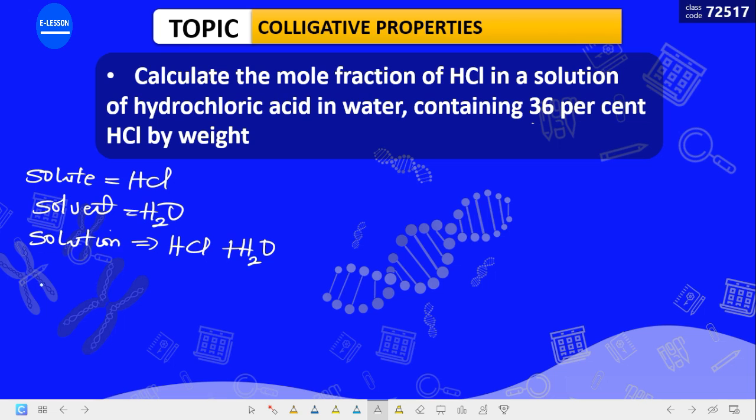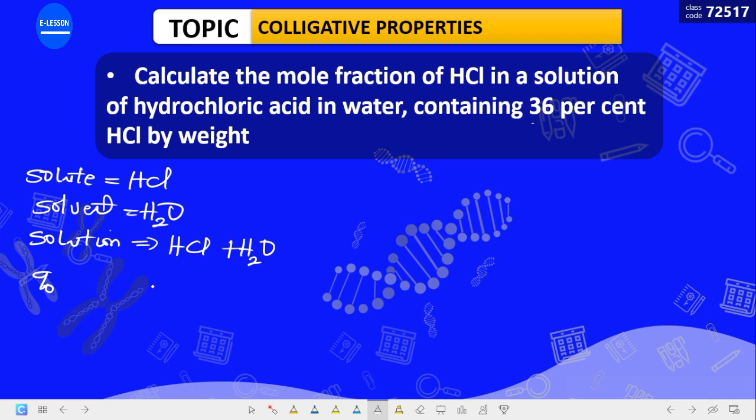Now, from our concentration terms, we talked about percentage concentration in pharmaceutical techniques, okay? Percentage composition, or expressing concentration in terms of percentage.